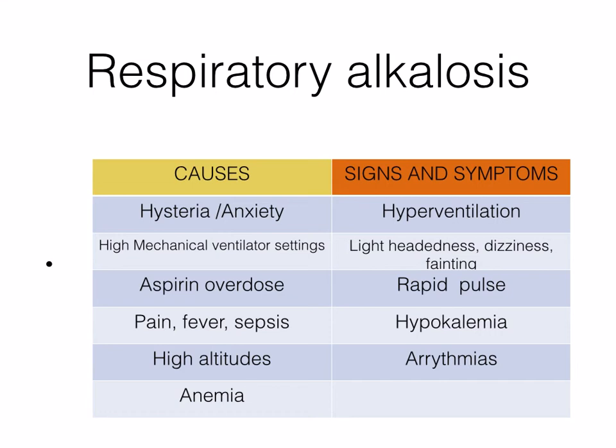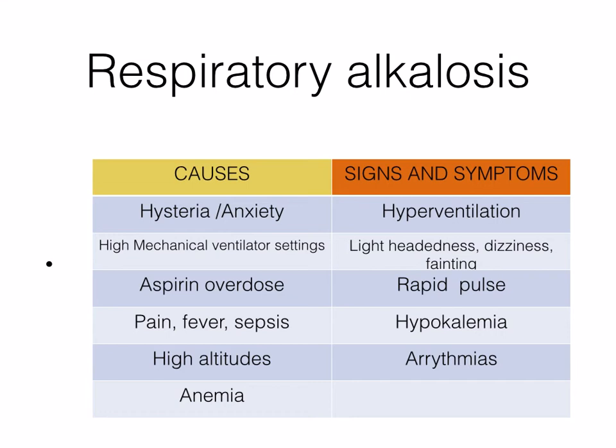Less oxygen at high altitude causes increased respirations. Fewer blood cells, like in anemia, where it is the job of the RBCs to carry oxygen, causes hypoxia, and hypoxia causes increased respirations, which produces a condition called respiratory alkalosis.